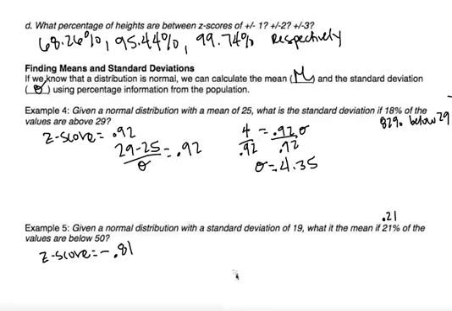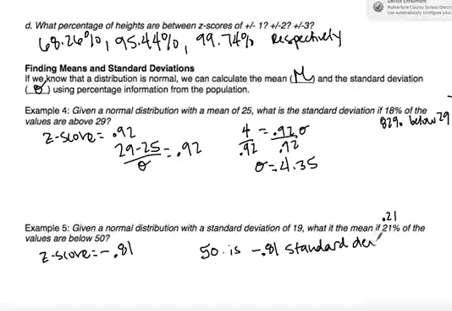Now, because it's asking us for the mean, we can basically say we're looking for the mean, but we're talking about 50. So we can say 50 is negative 0.81 standard deviations from the mean.